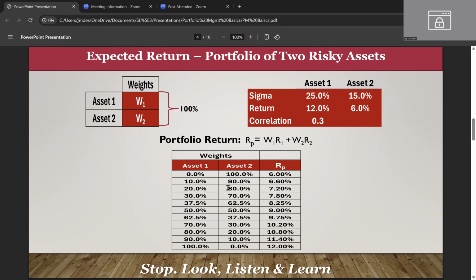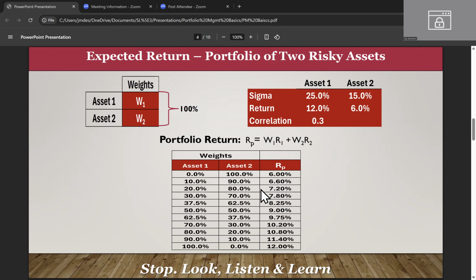And then we would take the weight of asset two, which would be 80% in this case, and multiply that weight by the return that asset two produced over that period. And then we would take the sum of those two products, and that would tell us what the expected return of the portfolio would be, or what the return of the portfolio was if we were looking at this in hindsight, where we say, okay, we invested 20% in asset one and 80% in asset two, and over the prior year, asset one returned 12% and asset two returned 6%.